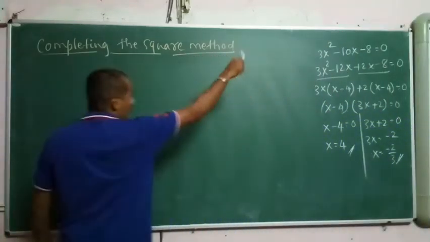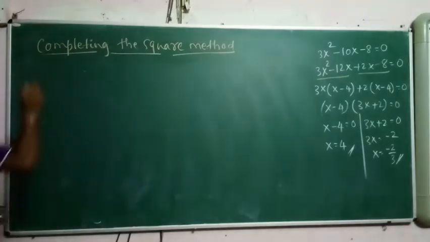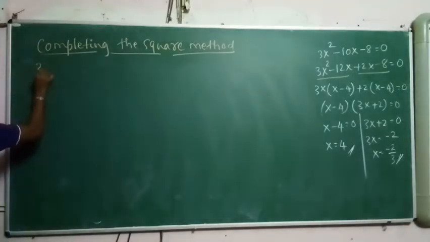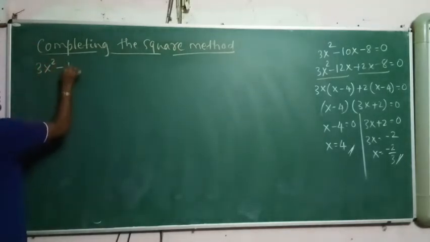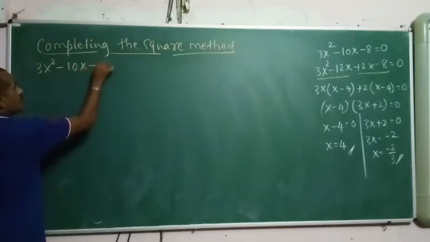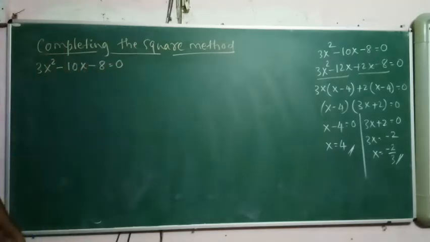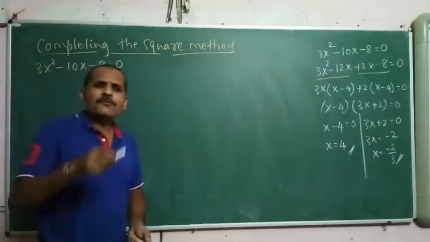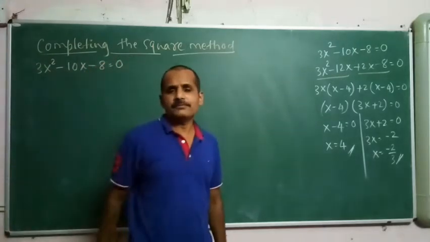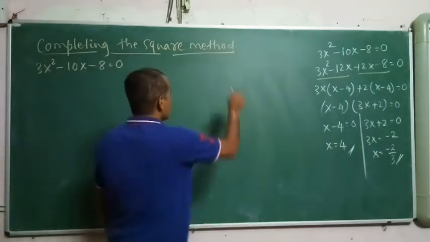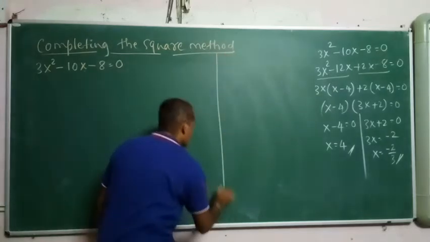Now let us solve the same problem by the completing the square method. Let me take 3x square minus 10x minus 8 is equal to 0. There are different steps to solve this problem. I will tell you the steps one by one. What are the different steps?